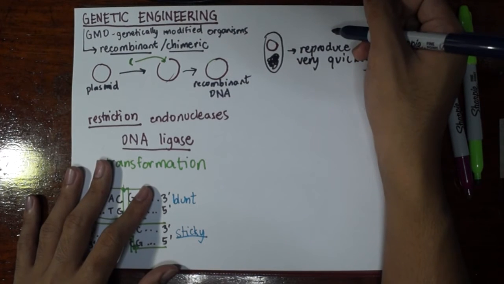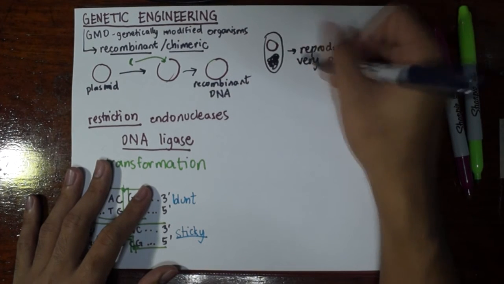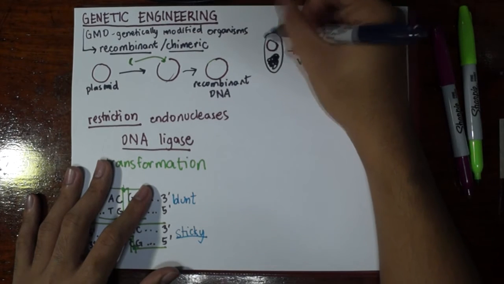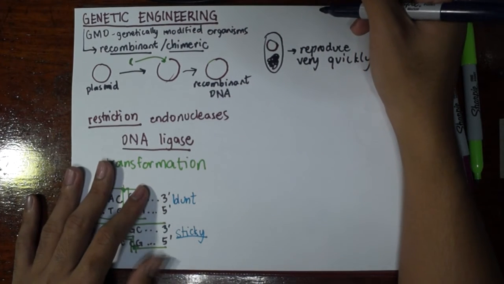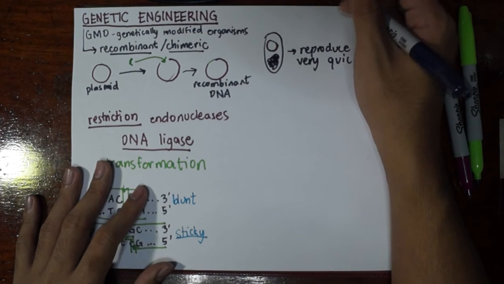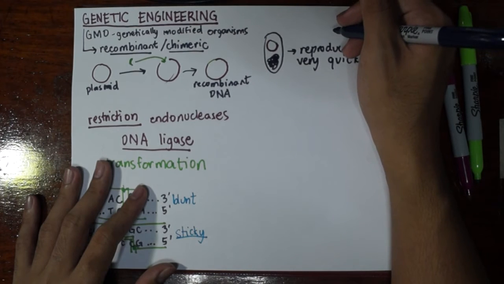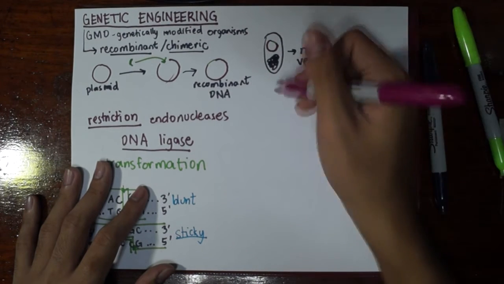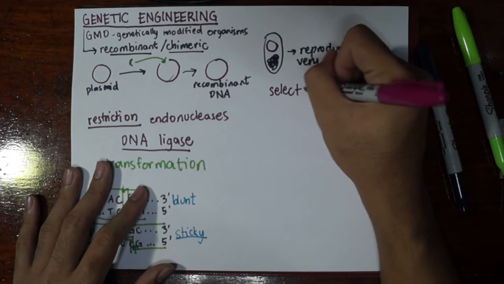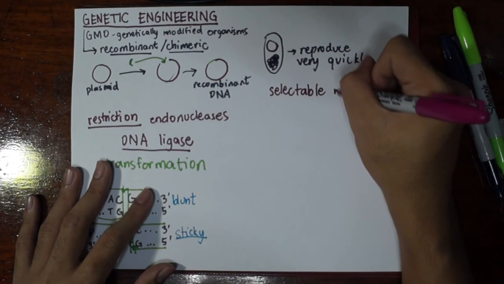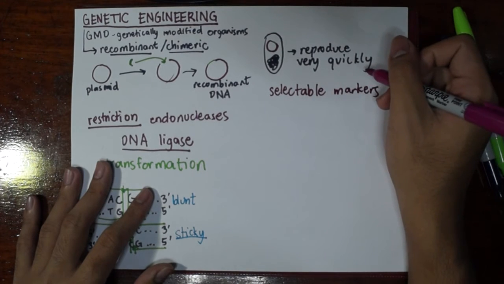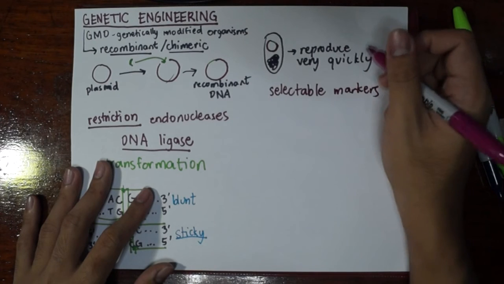However, there are certain cases wherein in a population of bacteria, there are only some bacteria that are able to take up the plasmid. Not all of the bacterial cells could actually accommodate this one. And so how would you be able to trace that? Well, there's a certain part of the plasmid called a selectable marker that will allow you to know whether the bacterial cell actually has the plasmid, which is recombinant, or not.